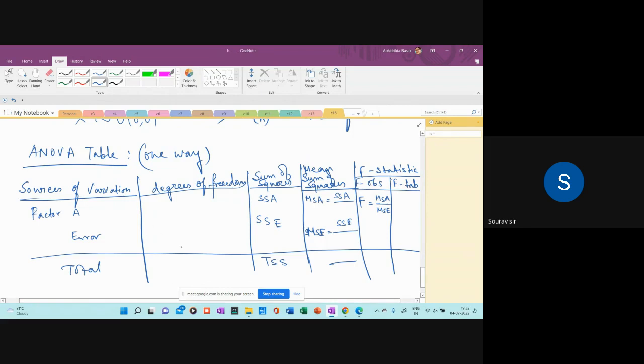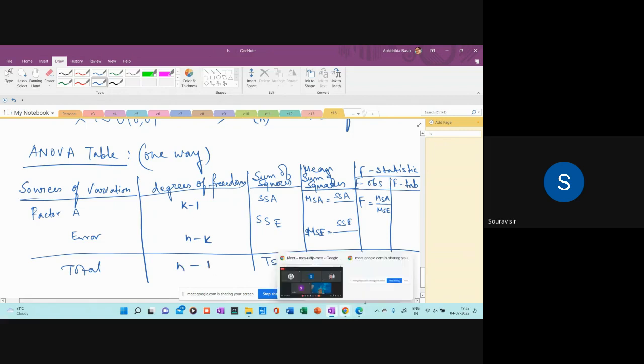So what will be the total degrees of freedom for this? The usual theory says that it is k minus 1, this is n minus k, and this is my n minus 1.